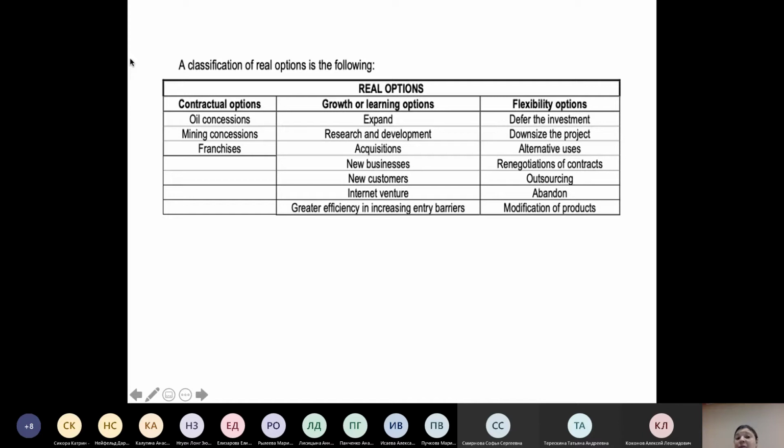All these options can be named classical real options of the company. If our company has a license, research and development results, or possesses patents, all these cases can be named real options.